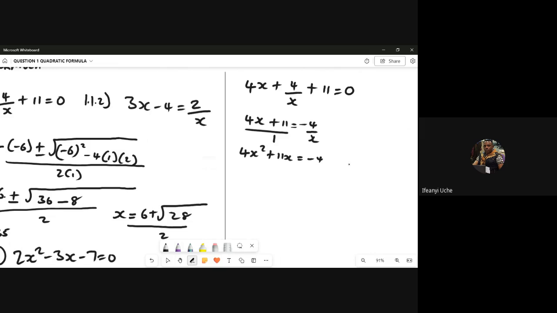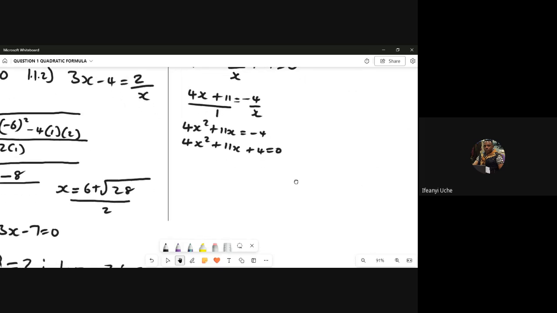Then I bring the negative 4 over, which is still going to be 4x squared plus 11x plus 4 equals 0. We're not really going to solve the quadratic; I only want to explain how you can maneuver this, because I've seen learners get it wrong because of maybe limited knowledge of fractions.